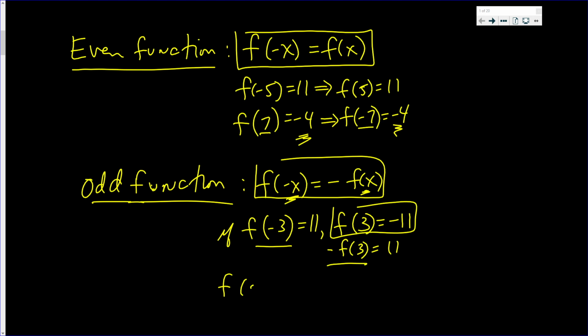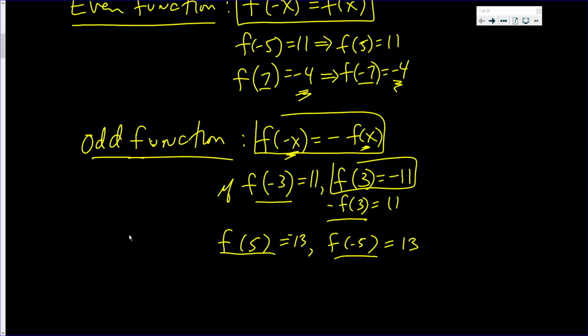If I tell you that f of 5 is equal to 13, then f of negative 5 would be the negative of 13, or negative 13. Or let's say f of negative 5 equals negative 13. Then f of 5 would be the negative of negative 13, or positive 13. These two, if it's an odd function, they differ by their sign. Nobody ever said that f of 5 has to be positive and f of negative 5 has to be negative. Nobody ever said that.